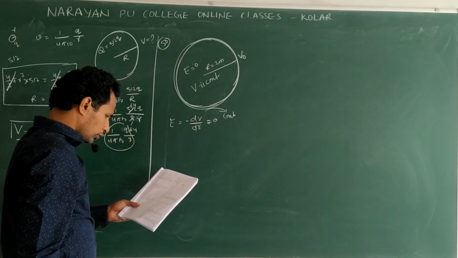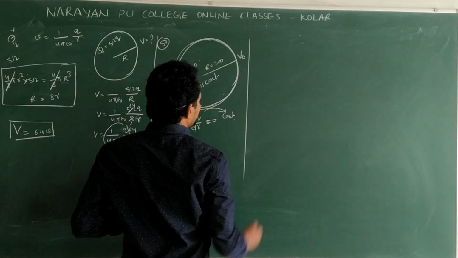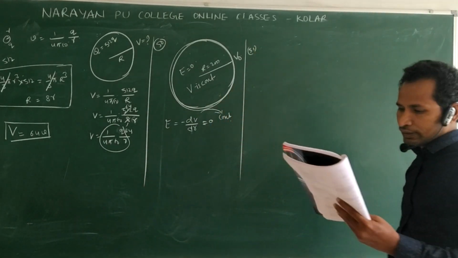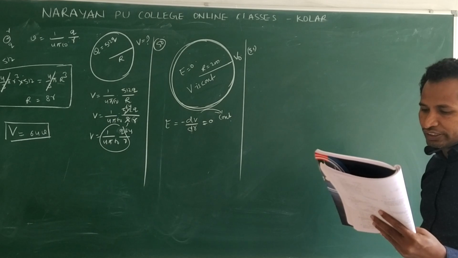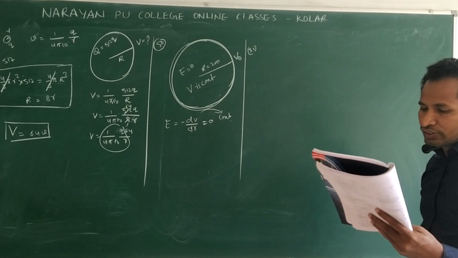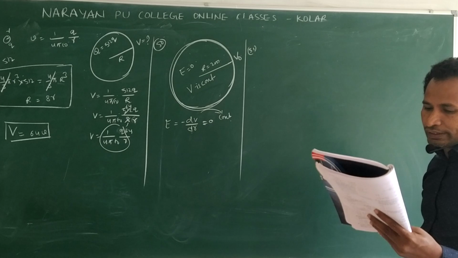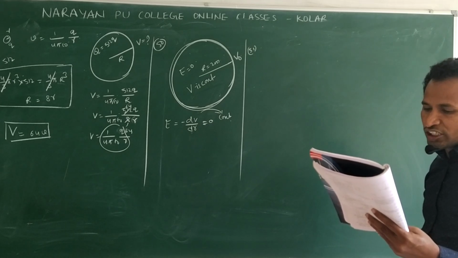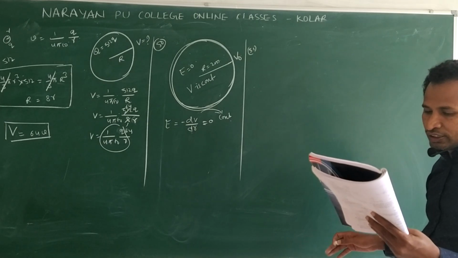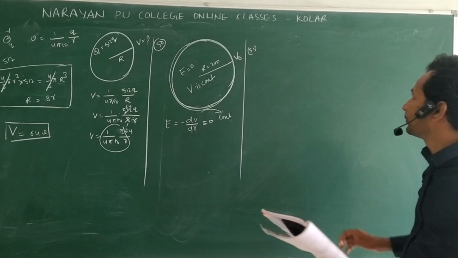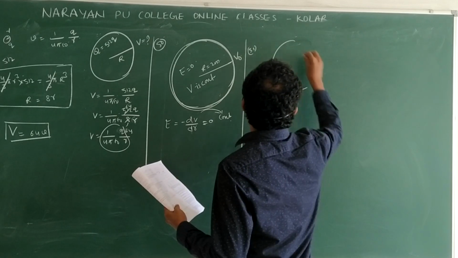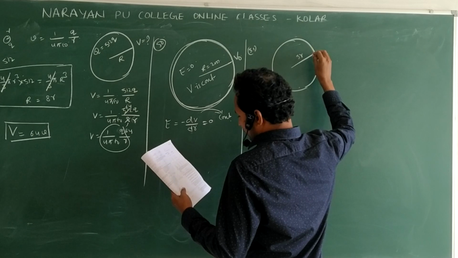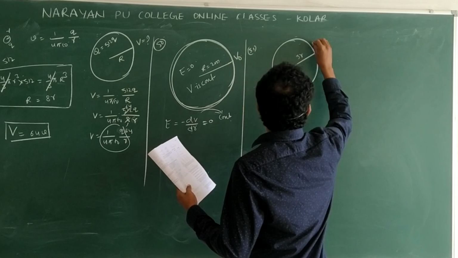Now come to 51. A hollow spherical sphere of radius 3r is charged to 2 volts, and another small sphere of smaller radius is charged to b volt. Then the small sphere is placed inside the bigger sphere. The potential difference between the two spheres would be? So first, the bigger sphere has radius 3r, charged to a potential of 2 volts.